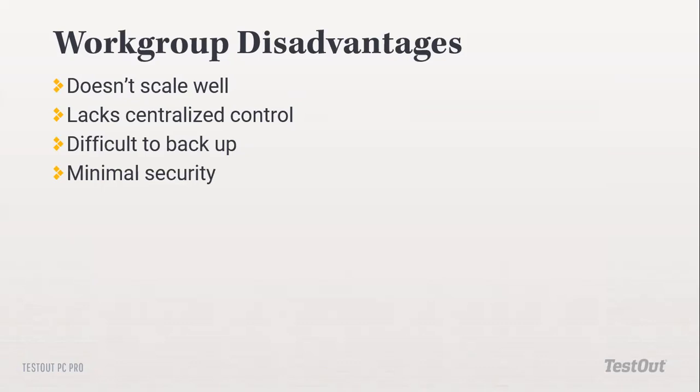They lack centralized control, and there is difficulty backing up data, the reason being that every single computer stores its information with itself. There is also minimal security, because it gets harder to implement security on all the array of computers found within that organizational unit, preventing general security of the whole system.